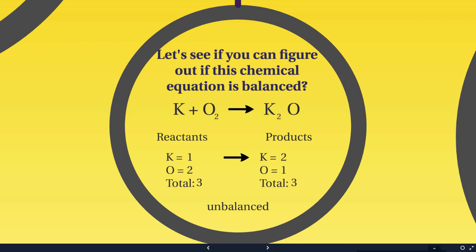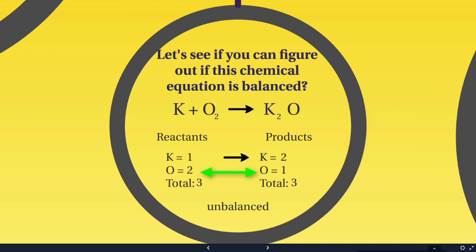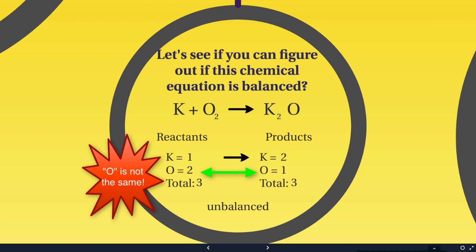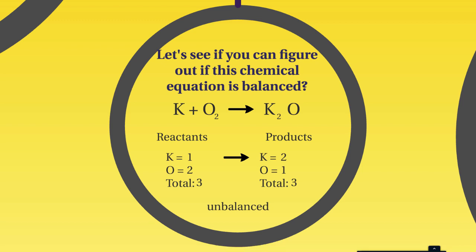And this is unbalanced because even though my totals here are the same for my product and reactant side, the number of atoms for the elements are not the same. So I have, for my K, or potassium, in my reactants I had 1, and in my product I ended with 2. My oxygen, in my reactants I had 2, in my products I had 1. So I am both gaining some potassium atoms and losing some oxygen atoms. And because of that law of conservation of mass, that shouldn't happen. So this is an unbalanced equation.